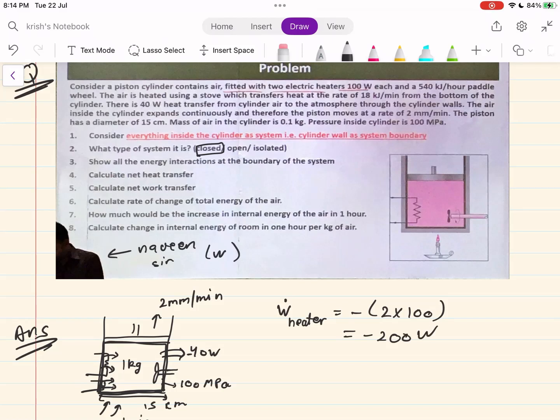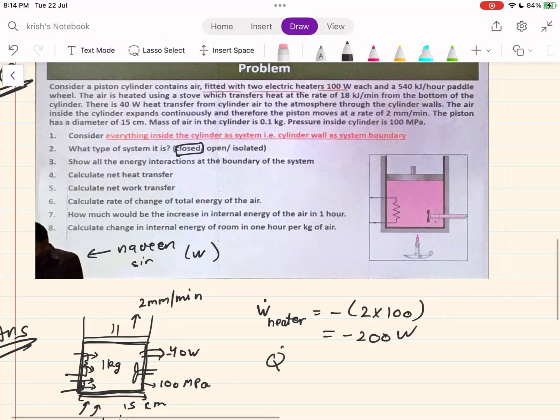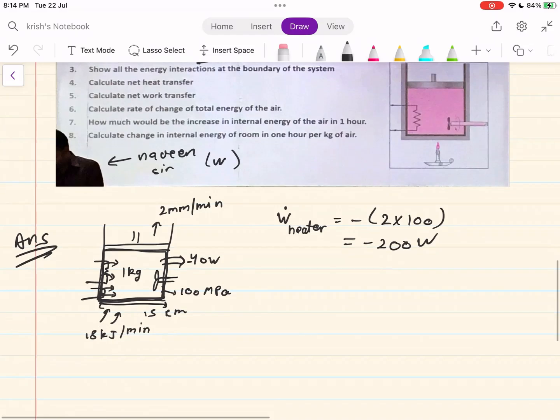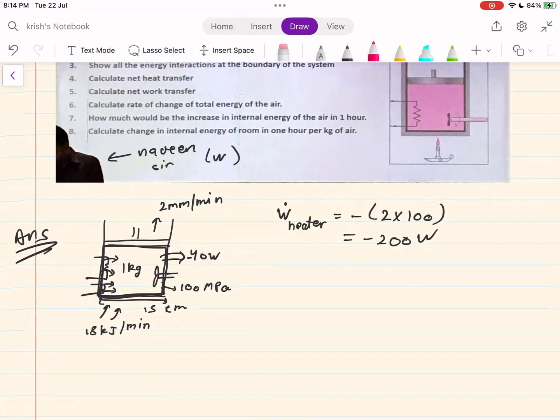The reason this is not Q is because this is not a boundary phenomenon, right? Also, heater work is electrical work. Always consider.